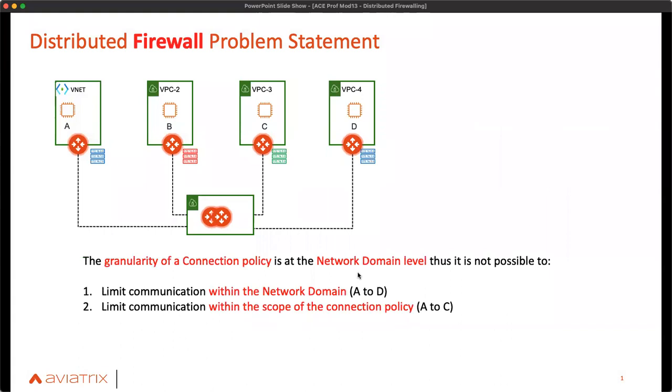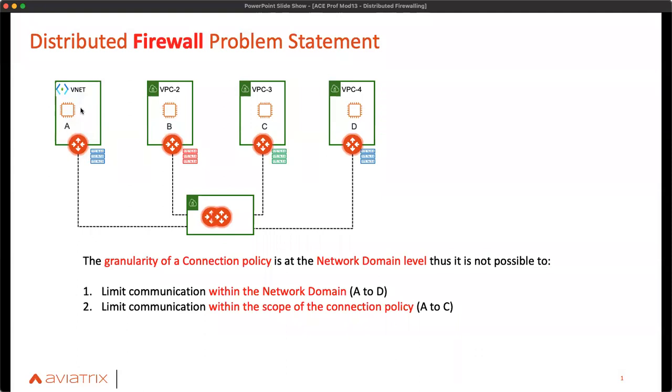The problem is that all of the network domain work that we are doing, and even the connection policy, is at a network domain level. For instance, instances A and D are within the same network domain.